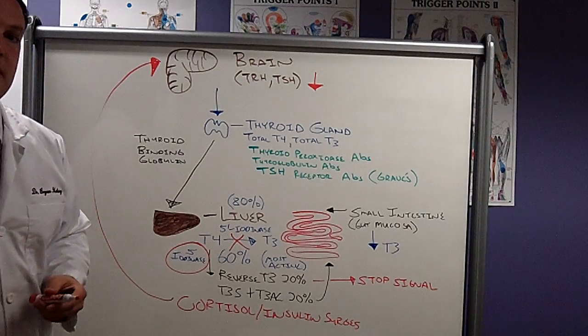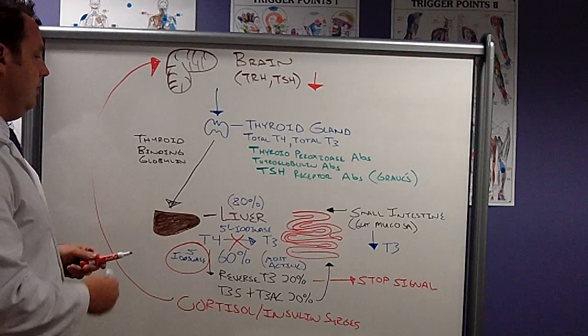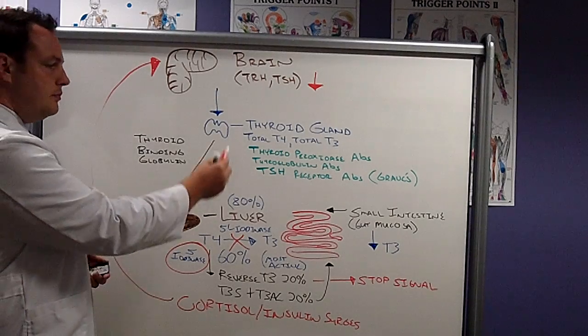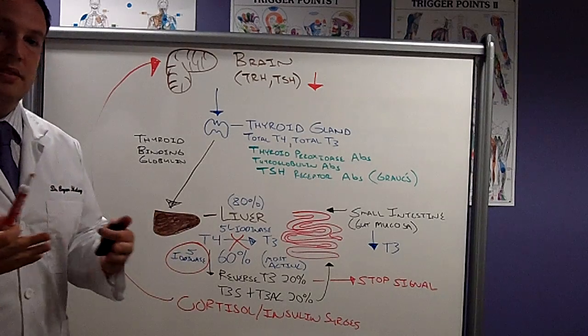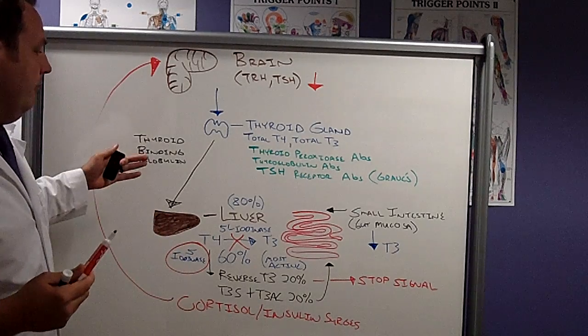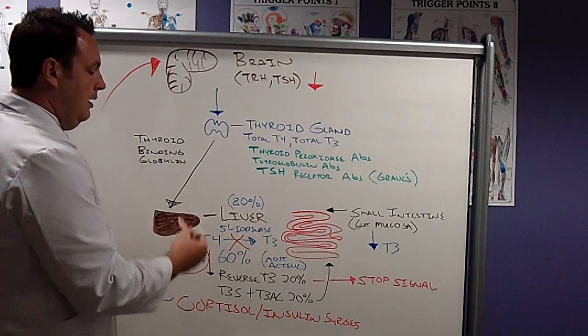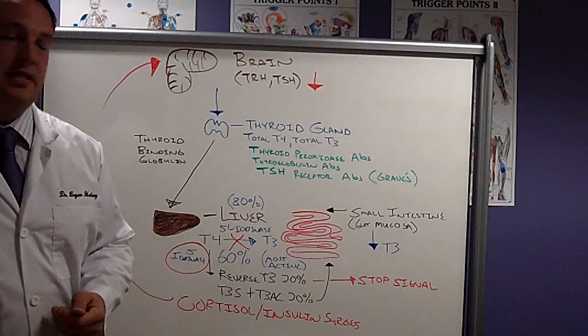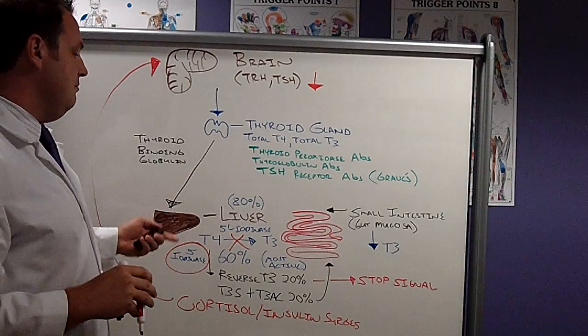You remember that, and we're going to talk about that a little bit in our next video. So thyroid binding globulin carries it to the liver, where the thyroid hormone is cleaved away from thyroid binding globulin and then converted to T3. We need to have all of our factors there with 5' deiodinase working correctly to make T3.